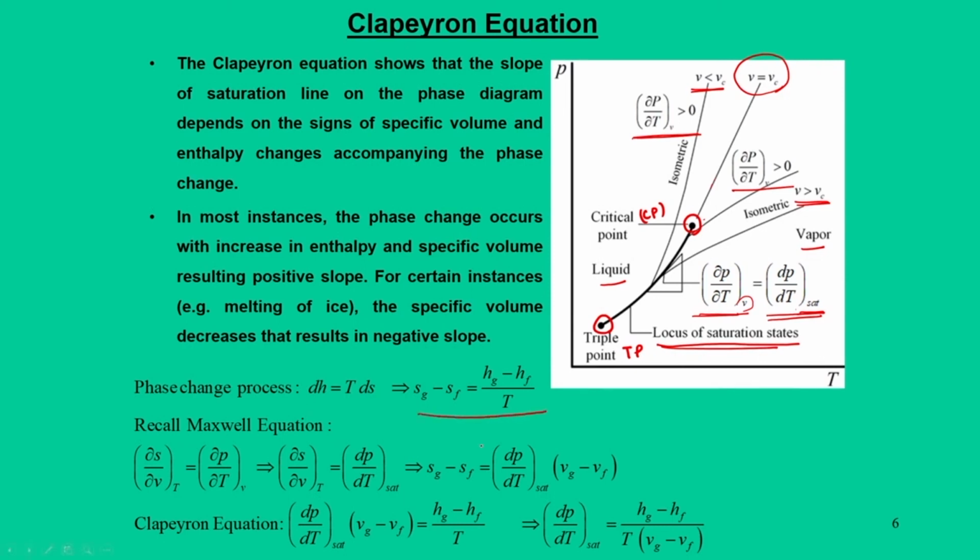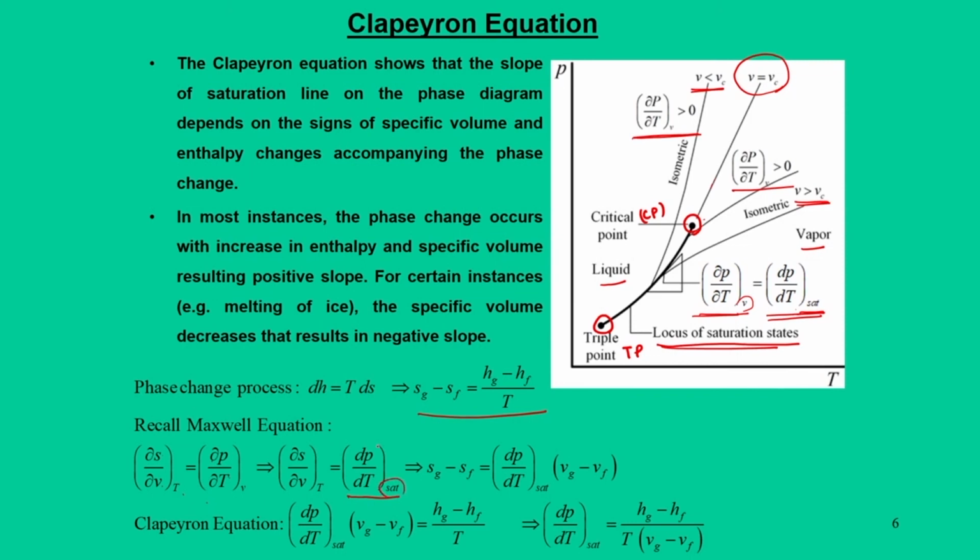Now, we can recall one of the Maxwell equations, ∂S/∂V at constant T is equal to ∂P/∂T at constant V. Here we apply the simplification: since the specific volume has no role along this saturation line, we can replace the partial derivative ∂P/∂T at constant volume with dP/dT. This is an ordinary differential equation of the saturation line.